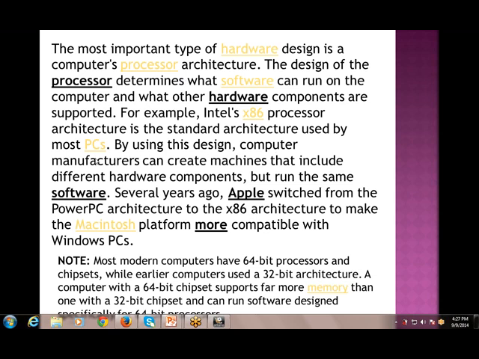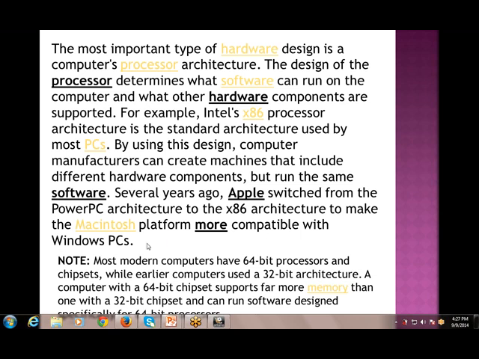By using this design, computer manufacturers can create machines that include different hardware components but run the same software. So they use multiple hardware components but execute the same software. Several years ago, Apple switched from PowerPC architecture to the x86 architecture to make the Macintosh platform more compatible with Windows PCs.